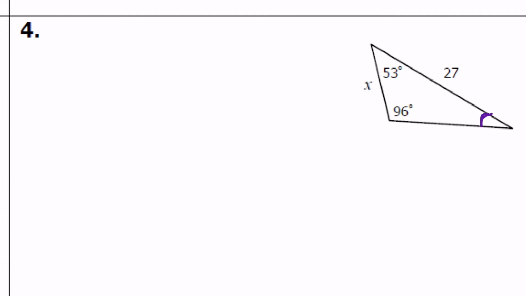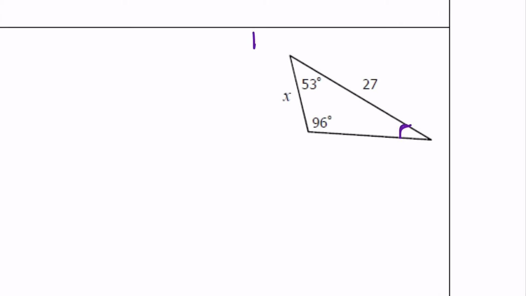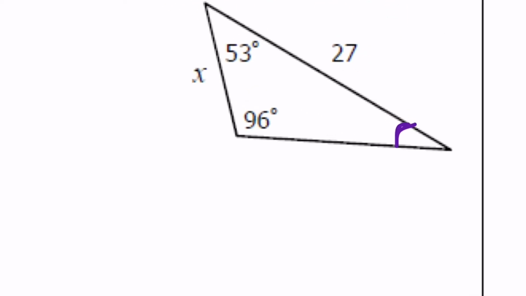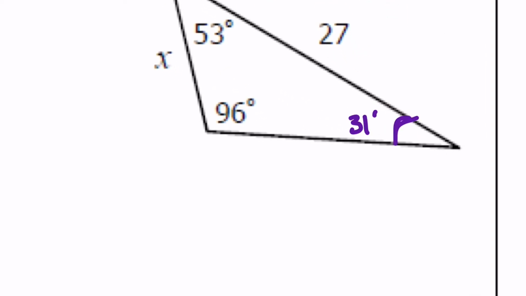However, since I know 2 of my 3 angles of a triangle, I can find the third one. Remember, all angles of a triangle add up to 180 degrees. So if I take 180 minus 53 minus 96, that gives me 31. That tells me this angle here is 31 degrees.